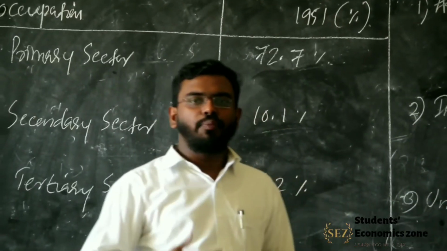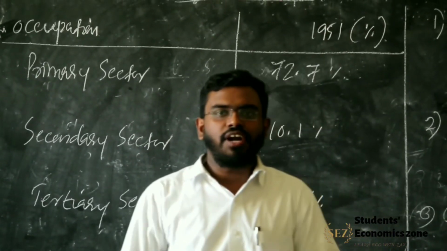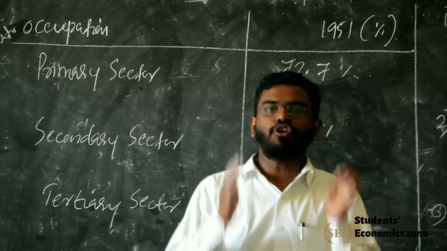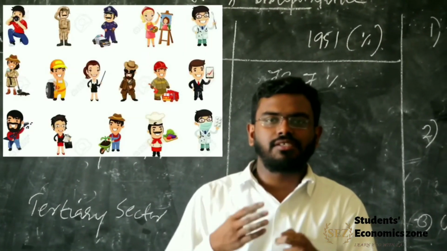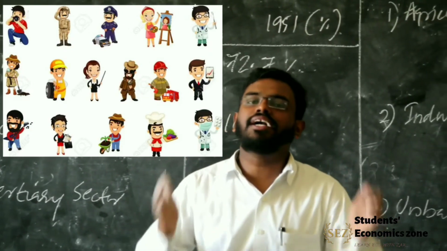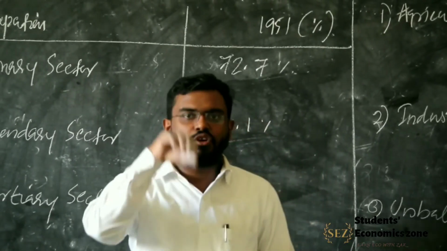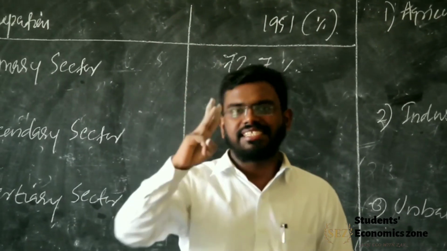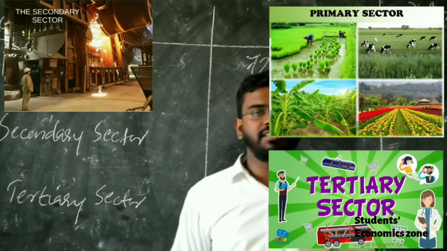So coming to the next topic, that is occupational structure on the eve of independence. What was the condition of the workforce at the time of independence? What is the meaning of occupational structure? Occupational structure means distribution of workforce among different sectors. An economy is divided into three sectors: primary sector, secondary sector and tertiary sector.